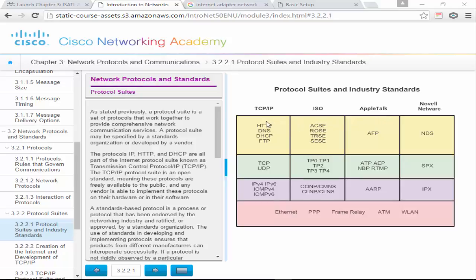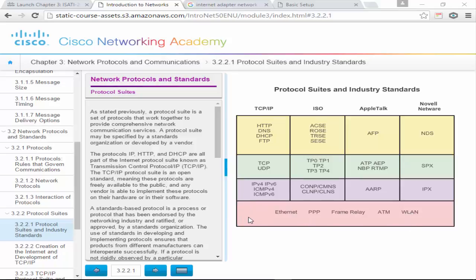At our application layer, we have HTTP, DNS, DHCP. ISO had its own, AppleTalk had AFP, and Novell had NDS, right? These are the different layers of what's used. But what we really care about is TCP, UDP, everything here. This is just showing you the different suites, but we're not going to worry about them, except for Ethernet, PPP, frame relay, ATM, and wireless LAN.